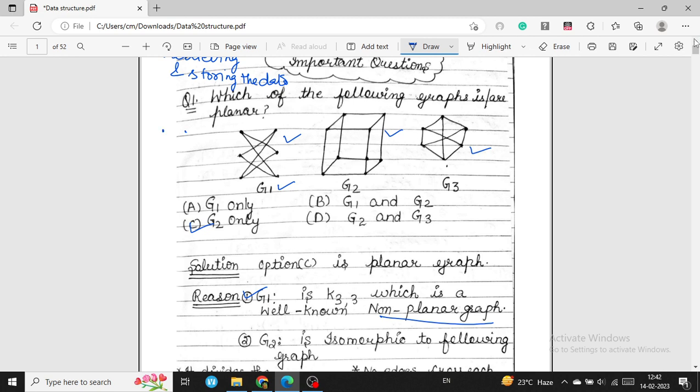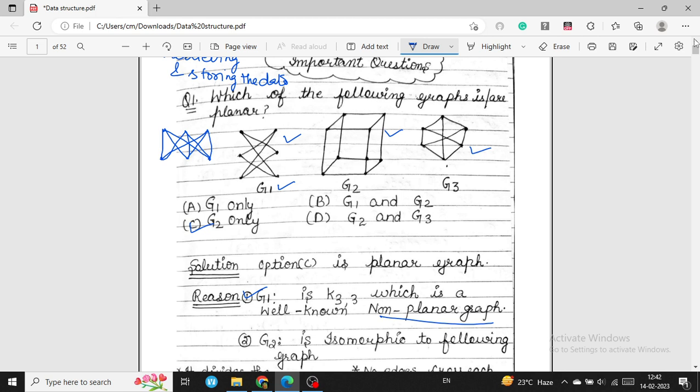You can see here this is a 3 by 3. We draw this graph. I draw lines from each node which connect with each and every vertex.